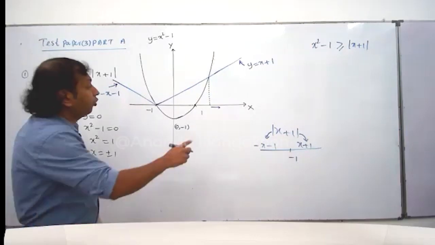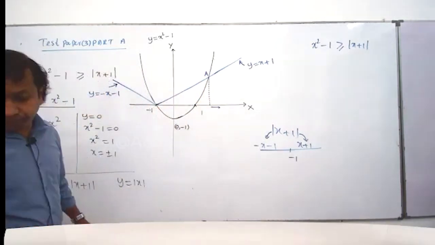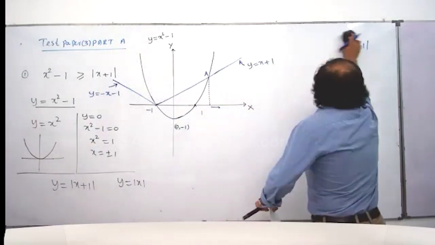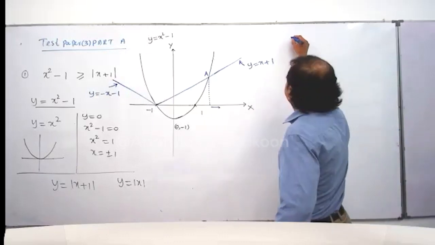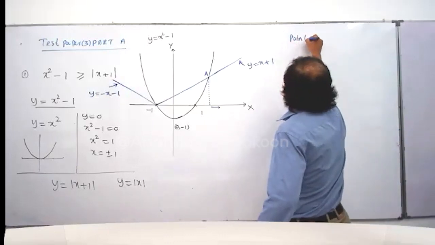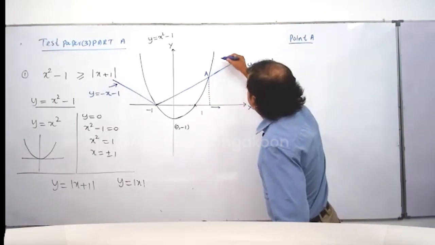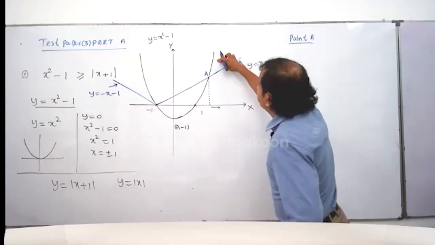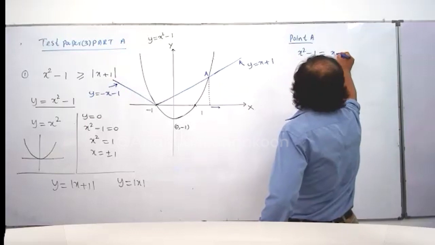First we'll find this point. Let us take this point as A. This point can be found by solving the equations of this and this, because point A comes from the intersection of this and this. Then the equation is x squared minus 1 equals x plus 1.